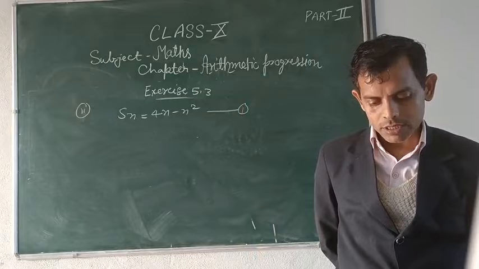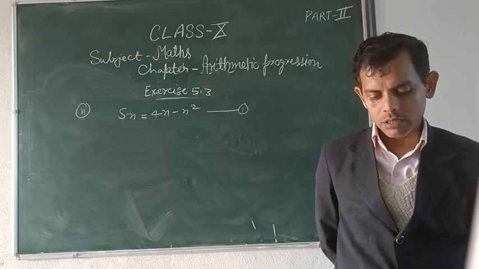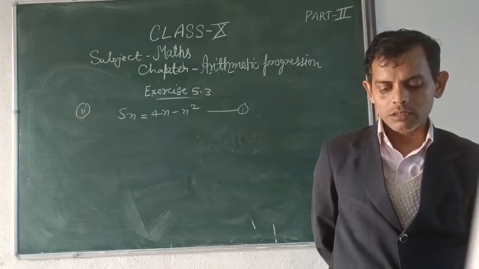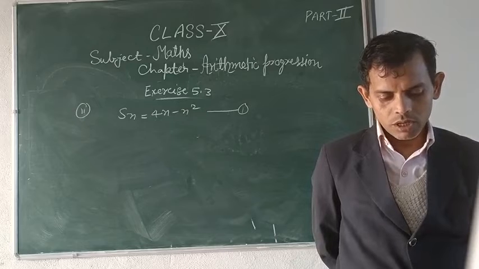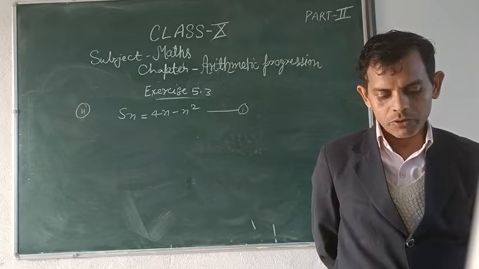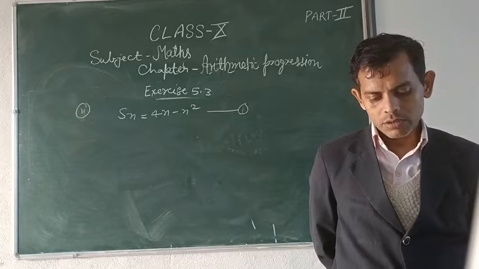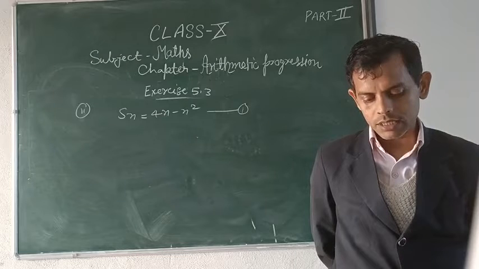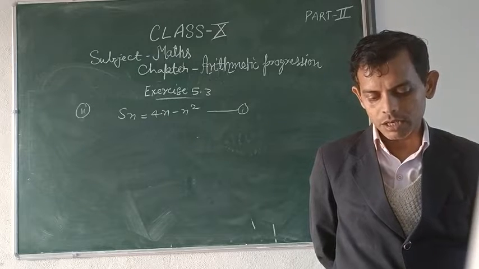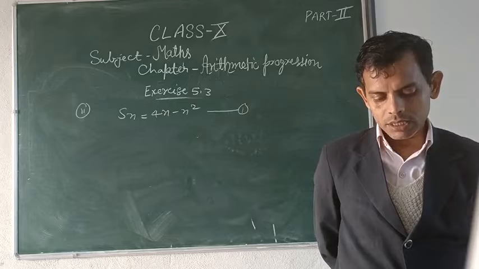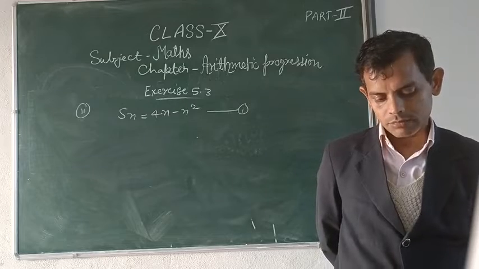What is the first term? It means we need to find S1. And what is the sum of the first two terms? What is the second term? Similarly, find the third, the 10th, and the nth term.